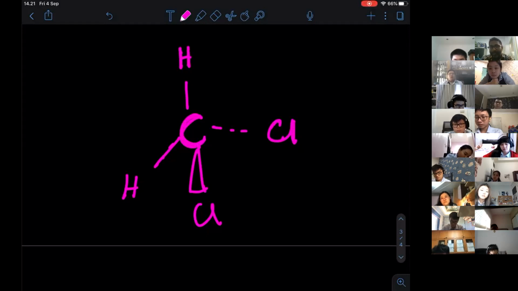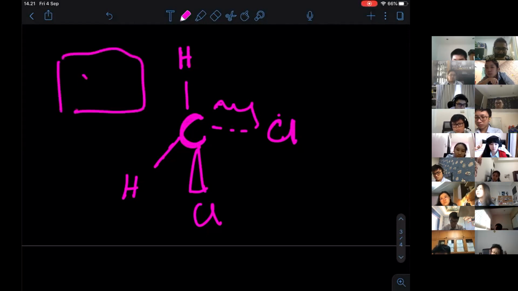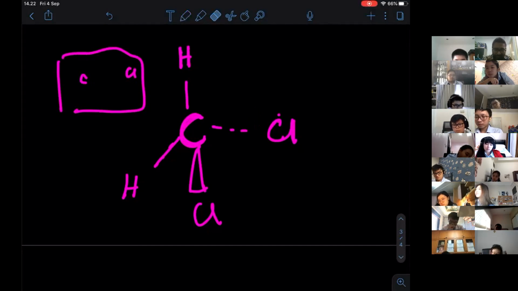When I want to see where the electrons are going to be pulled, look at carbon and chlorine. If you look at the periodic table, carbon is here, chlorine is all over towards the right-hand side. It means that chlorine is more electronegative than carbon. It means the electrons will go towards chlorine.